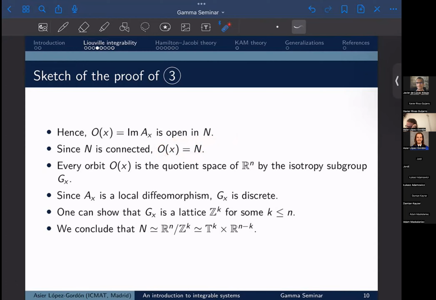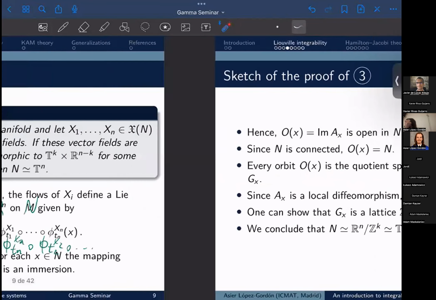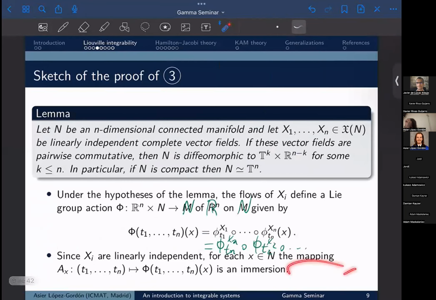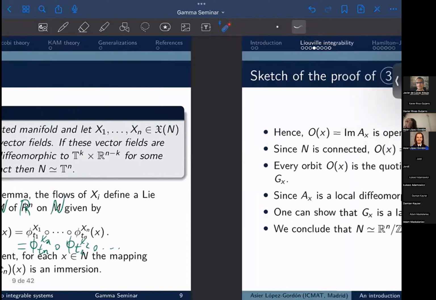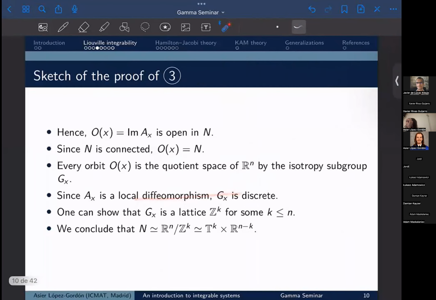Okay. Then we have this classical result that every orbit of an action is the quotient space of the group by the isotropy subgroup. And since this mapping is an immersion, it is a local diffeomorphism. So necessarily the isotropy subgroup must be discrete.